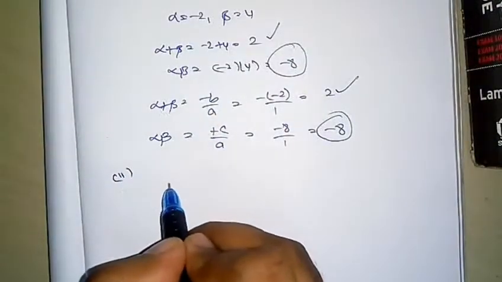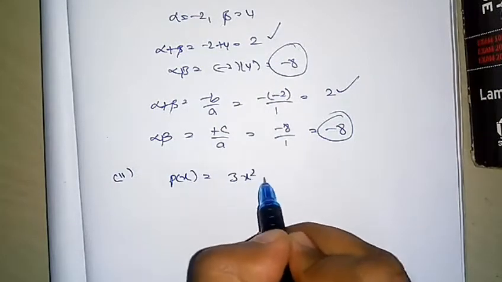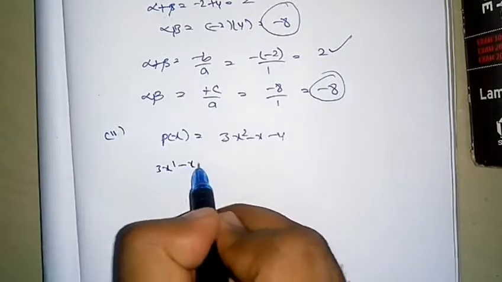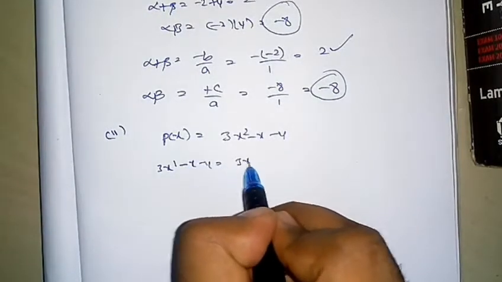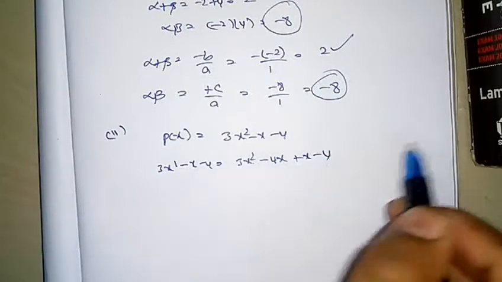Second one, p of x is equal to 3x square minus x minus 4. So 3x square minus x minus 4 is equal to 3x square minus 4x plus x minus 4.